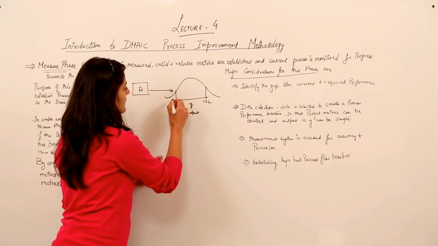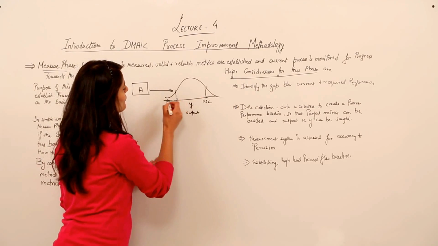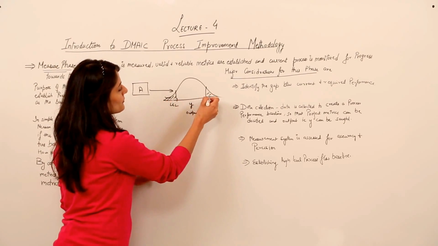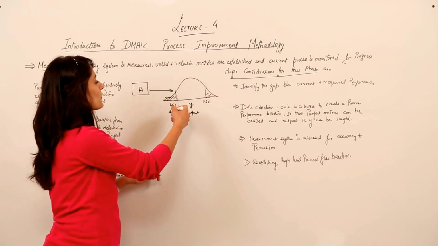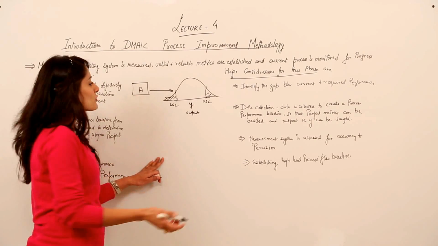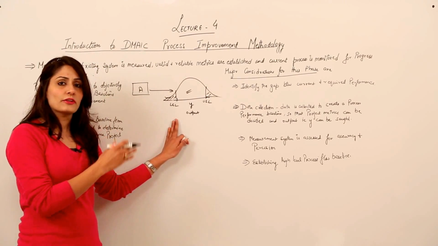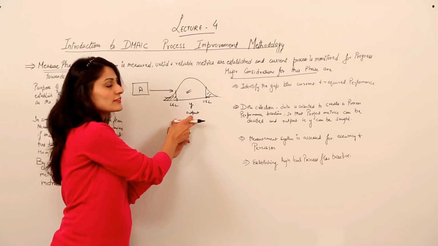This means, as I told you in lecture 1, they are producing a lot of goods which are not required by the customer because these are beyond the lower and upper spec limits. These are not required by the customer, these are waste. So this is the current output, but they are not very satisfied with this output.